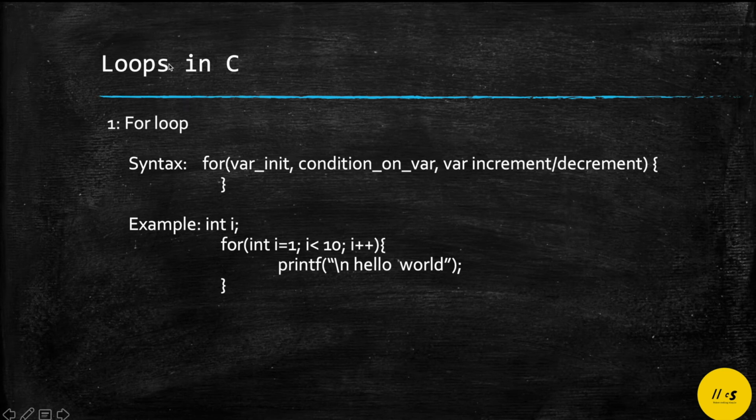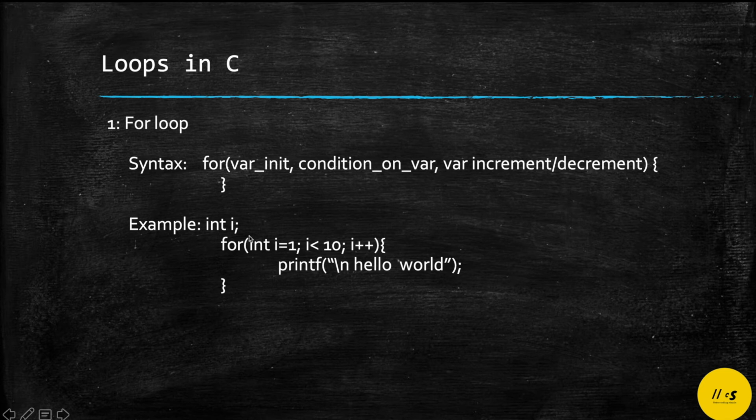In C, loops are of three types: for loop, while loop and do while. So first we are going to see the for loop. The syntax of a for loop is like this: variable initialization, condition on that variable, and then variable increment or decrement. For example, int i is my variable declaration.